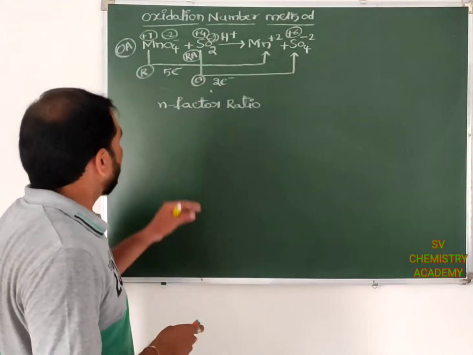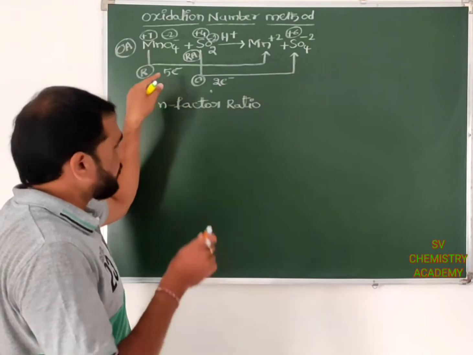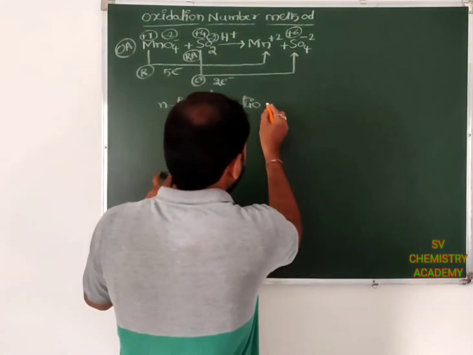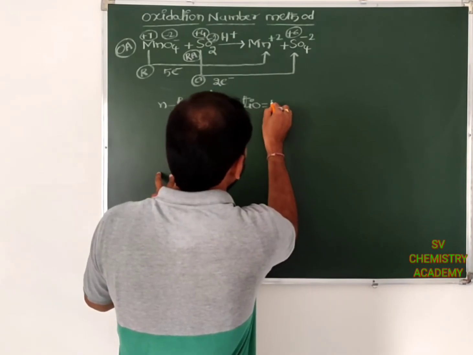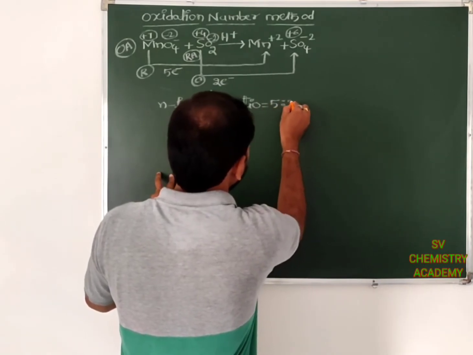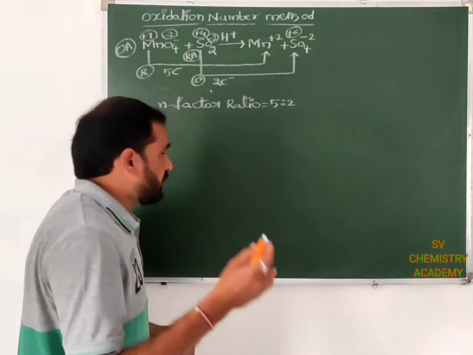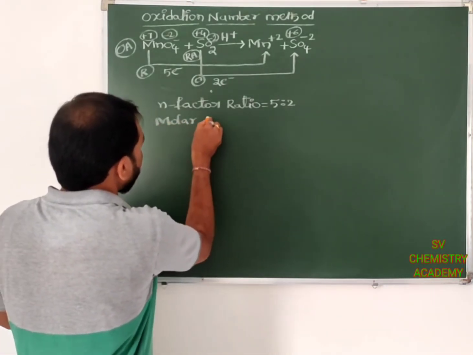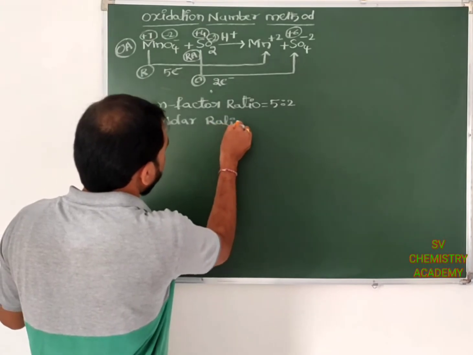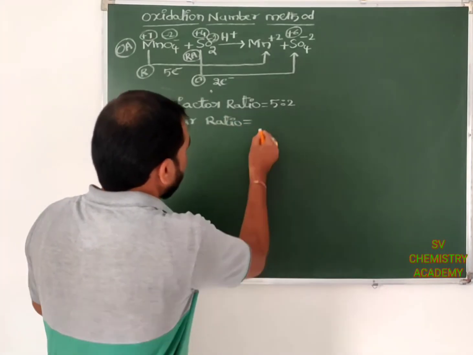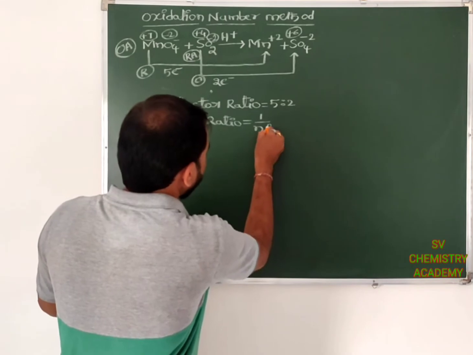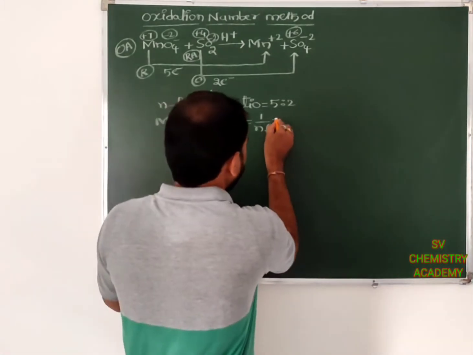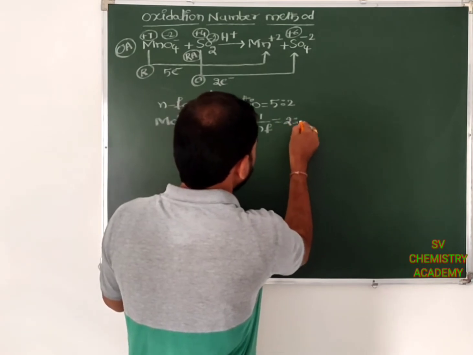But don't get confused. It is the number of electrons participated in the first step and the number of electrons participated in the second reaction. Therefore, that is equal to 5:2. Is it clear? Then the molar ratio. Remember, the reciprocal of the n-factor ratio is called the molar ratio. Therefore, that is equal to 2:5.